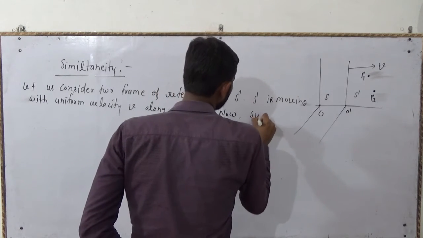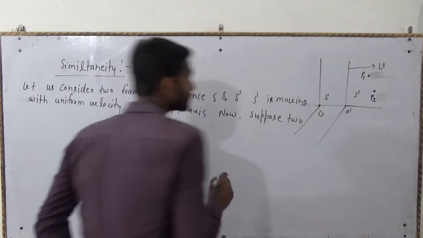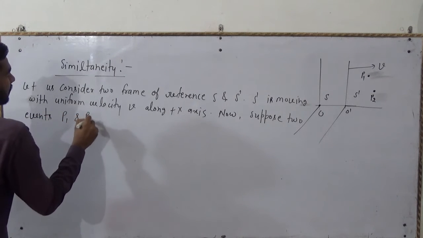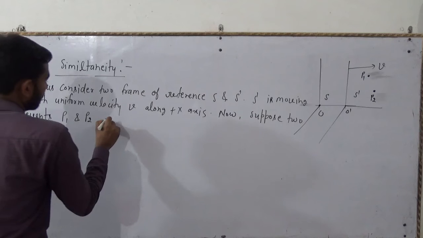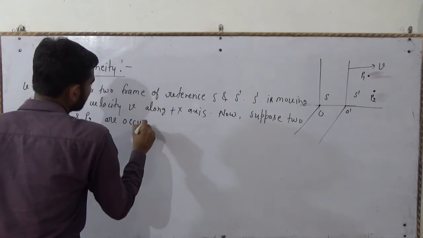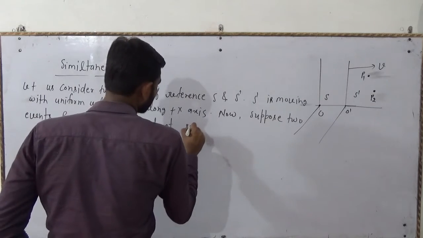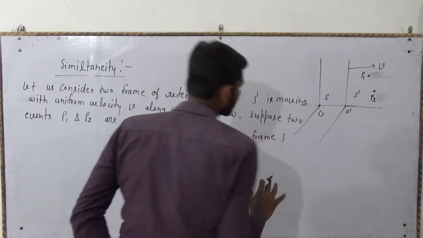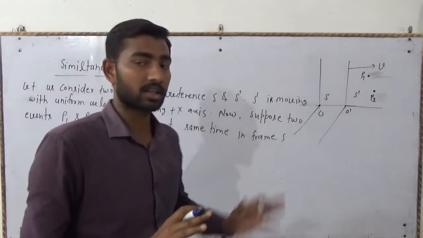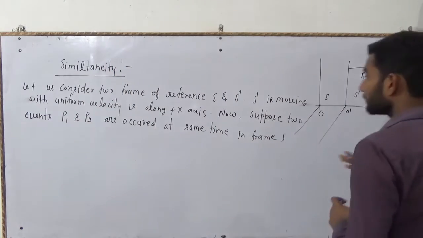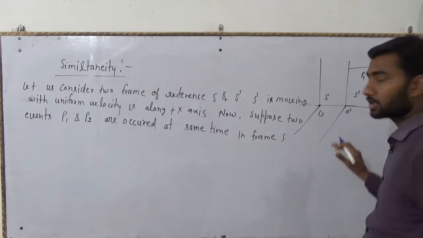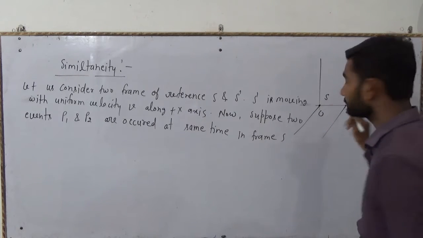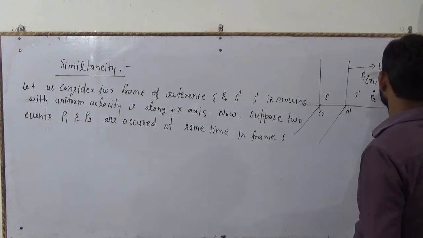Now suppose two events P1 and P2 occurred at the same time in frame S. Both events P1 and P2 occur in frame S. If we write the position and time coordinates of these two events, the coordinates of event P1 corresponding to frame S will be x1, y1, z1, t1.